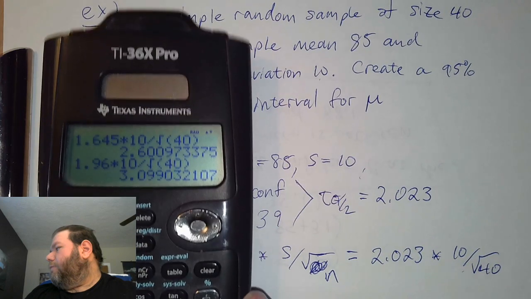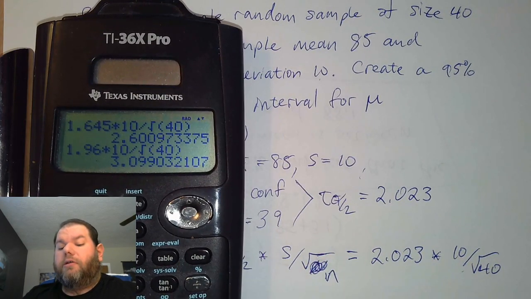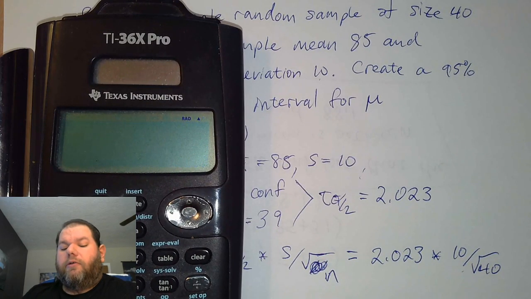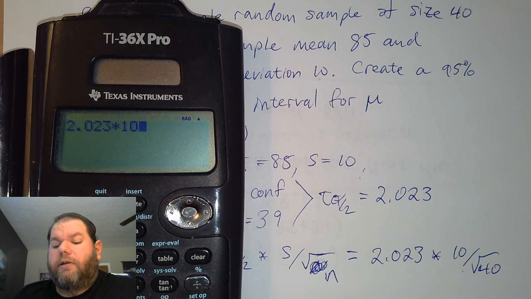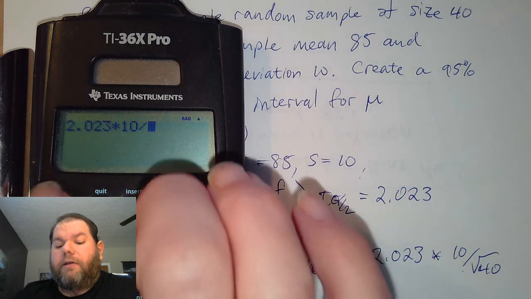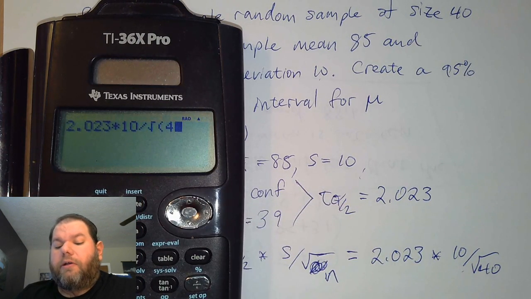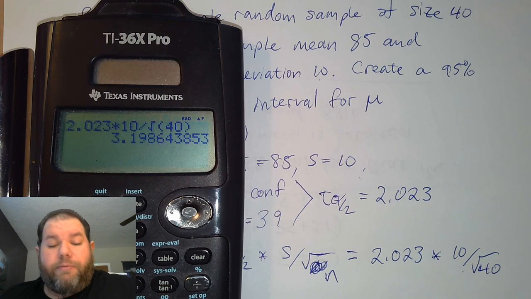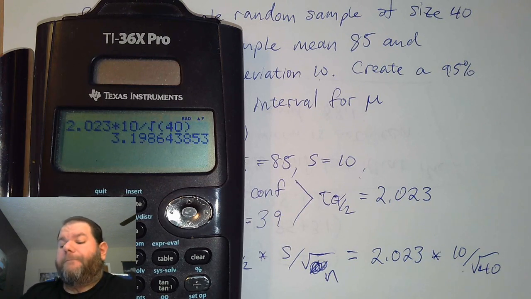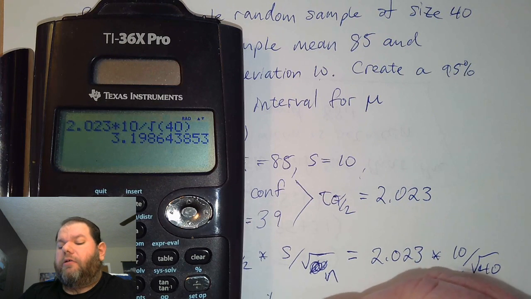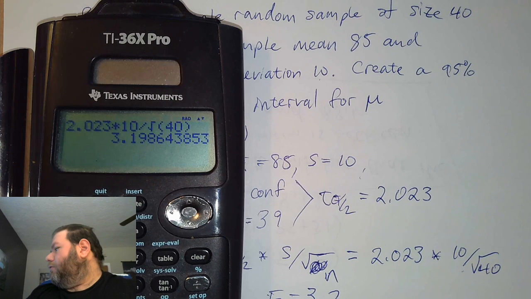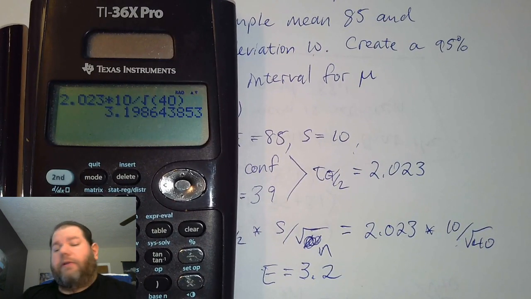And again, this is just a matter of calculation. 2.023 times 10 divided by square root 40. That looks to be about 3.2. Okay, so that's our error term, 3.2.